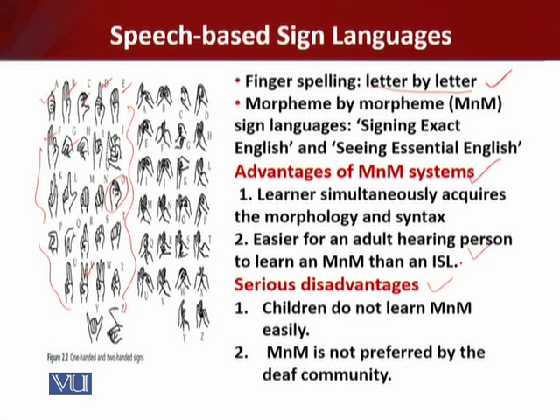The second disadvantage is that morpheme by morpheme is not preferred by the deaf community. Despite its advantages, the morpheme by morpheme systems are not preferred by deaf signers and the deaf community. The reason could be lots of other factors.